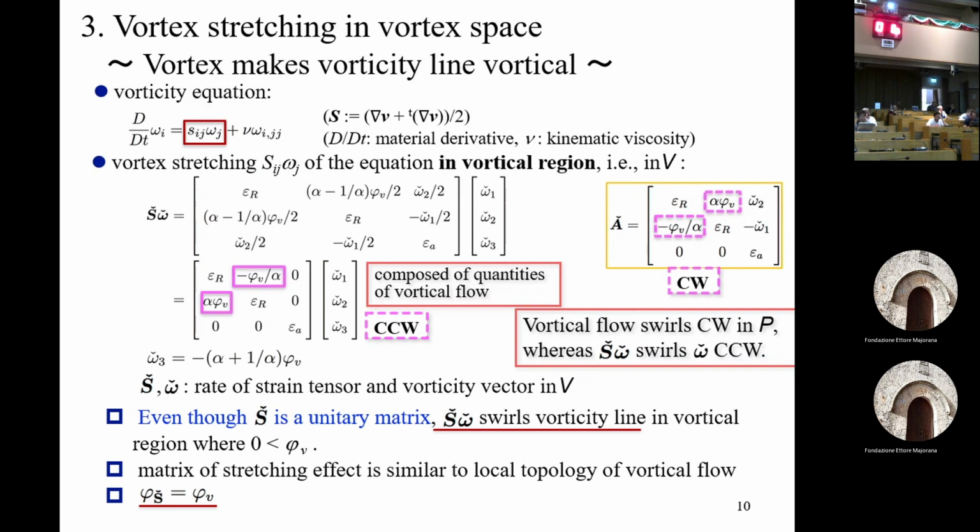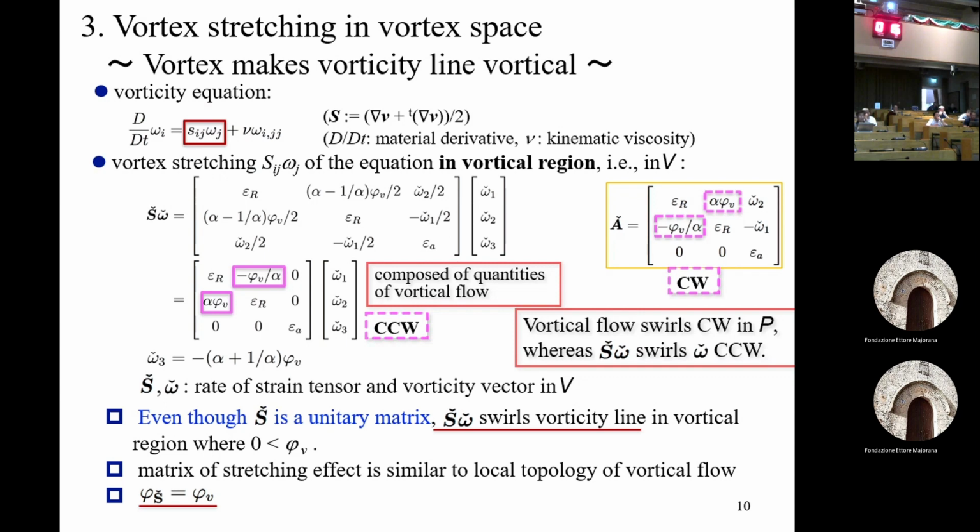This is a very interesting result, because the rate of strain tensor is a symmetric matrix. However, the effect of the vortex stretching rotates the vorticity vector by these non-diagonal terms.